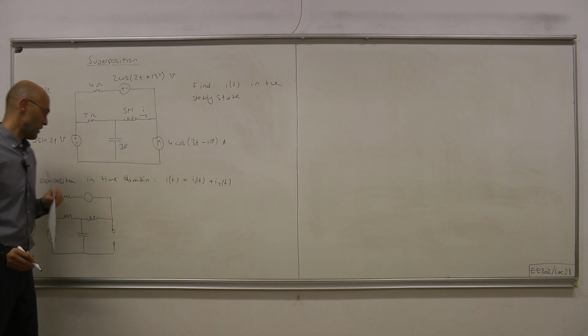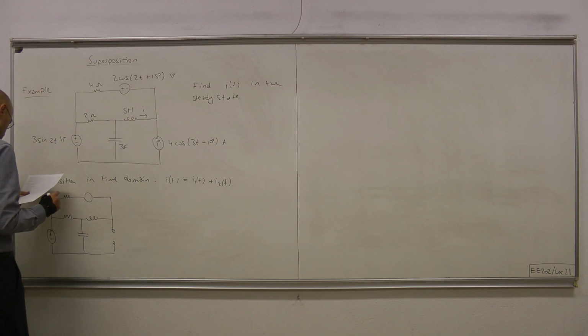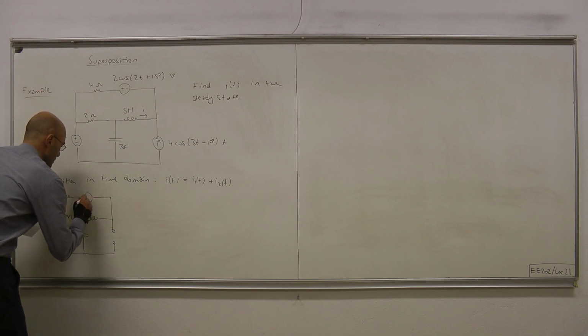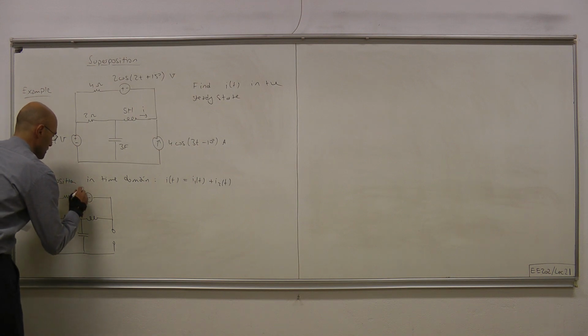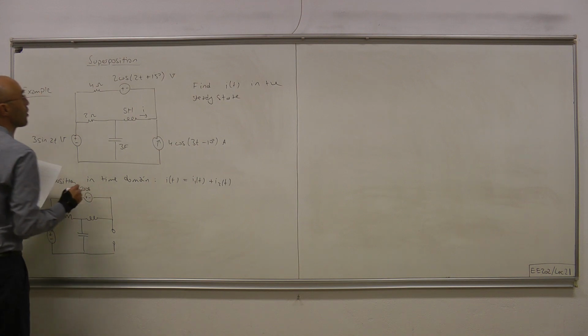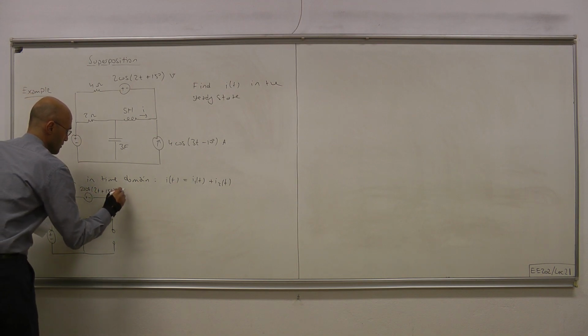This is a current source, therefore killing it implies that we replace it with an open circuit. Then we have plus minus, so this is 2 cosine 2t plus 15 degrees volts.